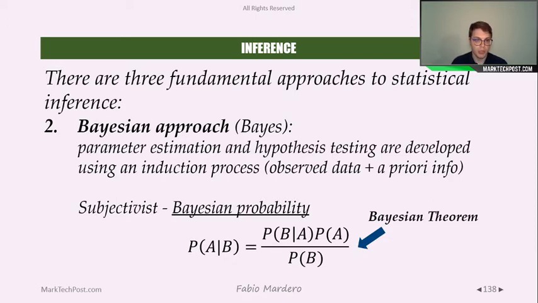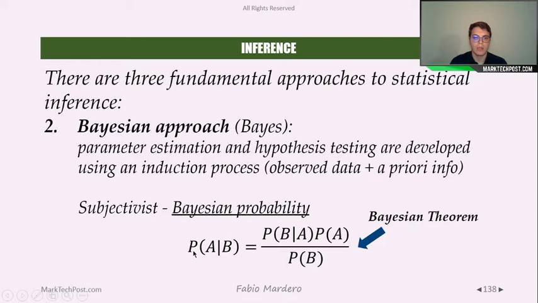In the Bayesian approach, we still do parameter estimation and hypothesis testing, but now these two tasks are developed using an induction process. We still use the observed data, of course, but we also use a priori information. So the approach is subjectivist, and the probability is defined through the Bayesian probability, in particular using the Bayesian theorem.